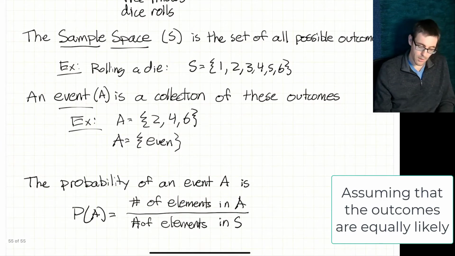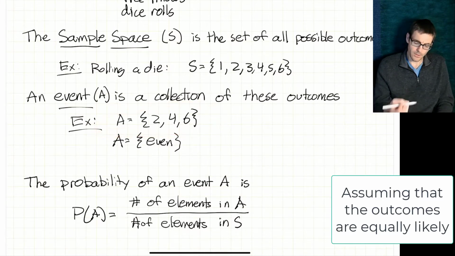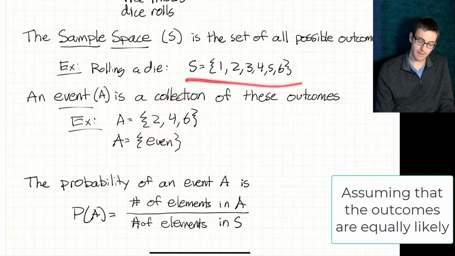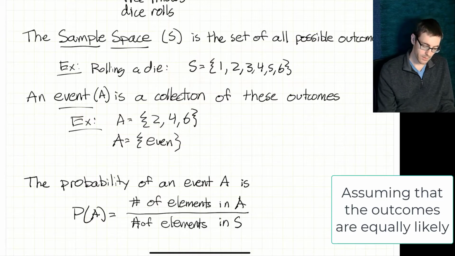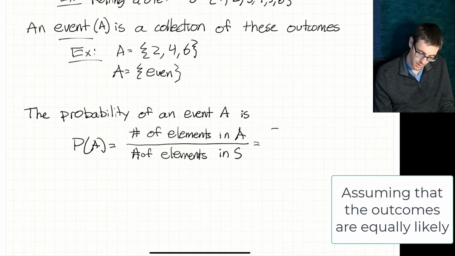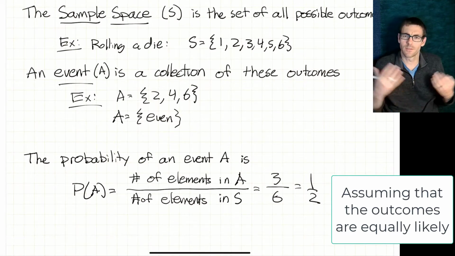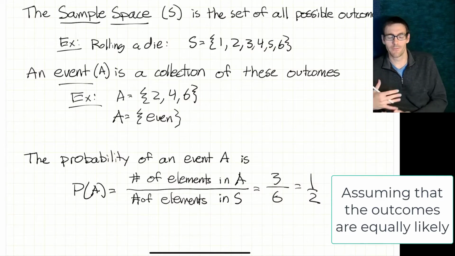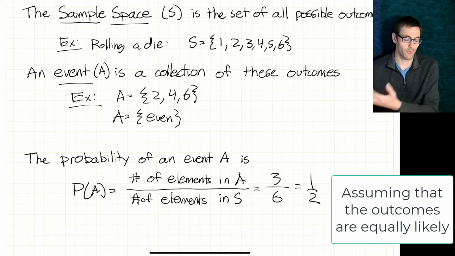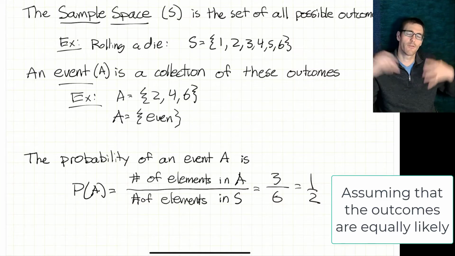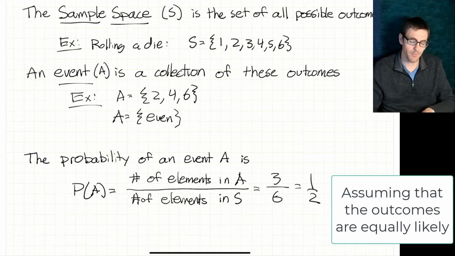In other words, the probability that a die roll is an even number is the count of even numbers divided by the total number of things that can happen. So obviously this is 3 over 6, or 1/2. I think that should hopefully agree with everyone's impression of the probability of getting something even off of a die roll. But this is a more formal way of writing down where this number comes from.